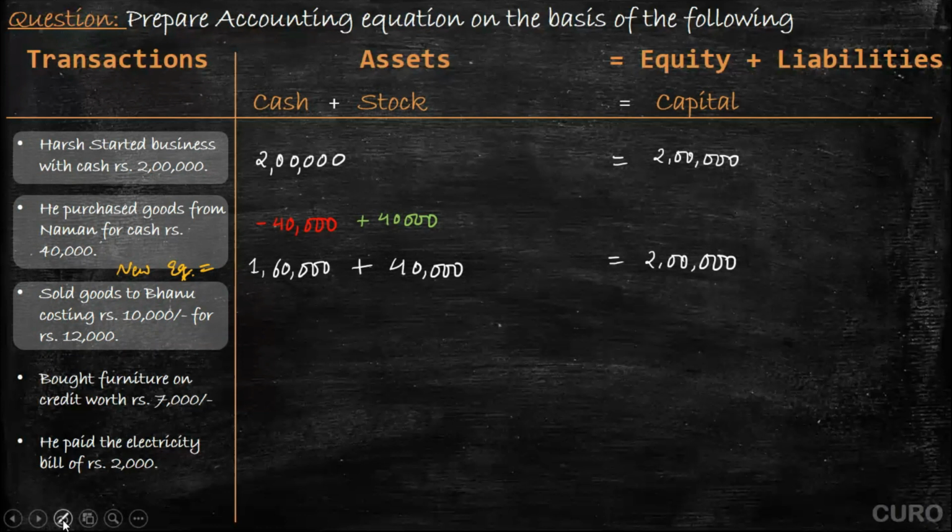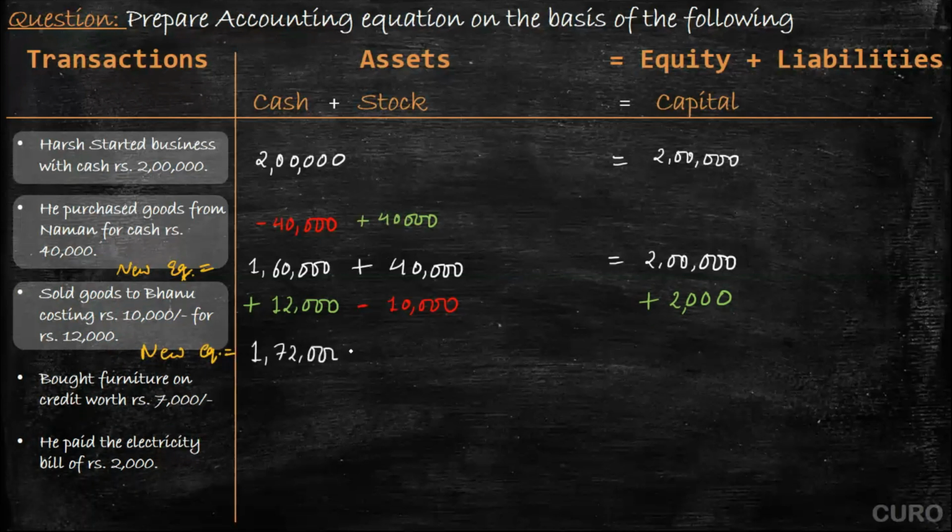When we analyze the effect of this transaction, we'll find that the stock is reduced by 10,000 but on the other hand cash is increased by 12,000, which results in an overall increase in asset side by 2,000. This net increase on the asset side is due to profit on sale of goods, and all profits and gains are added to the capital. And after recording this effect, the equation will now appear as follows.